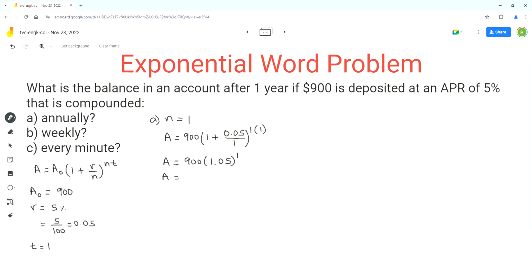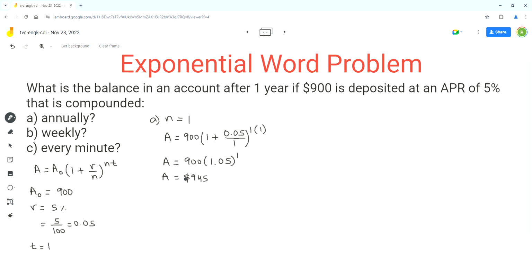So we have to do 900 times 1.05, which is equal to $945. So this should be the balance in the account after 1 year in the case of annual compounding frequency. So this should be the final answer for part A.